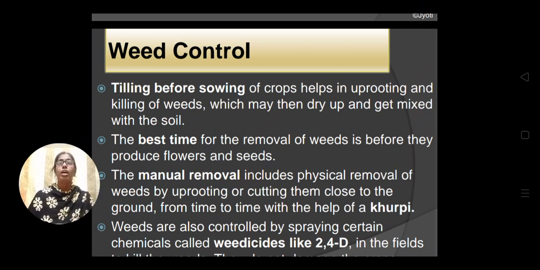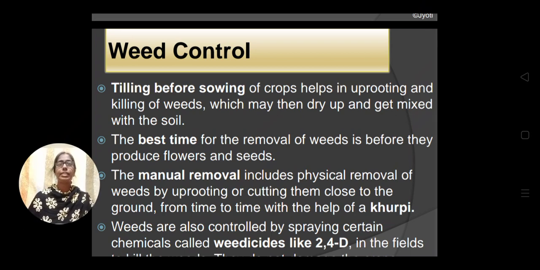Usually the farmers who are not able to afford much remove the weeds manually, that includes physical removal of weeds by uprooting or cutting them close to the ground from time to time with the help of a khurpi.